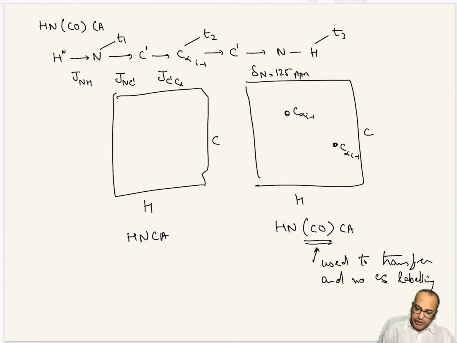Okay, so now what kind of peaks will you see? In HNCA you will get C alpha I minus 1 and C alpha. So basically here for each peak you were getting 2 peaks, whereas here you are getting only 1 peak, which is C alpha I minus 1.